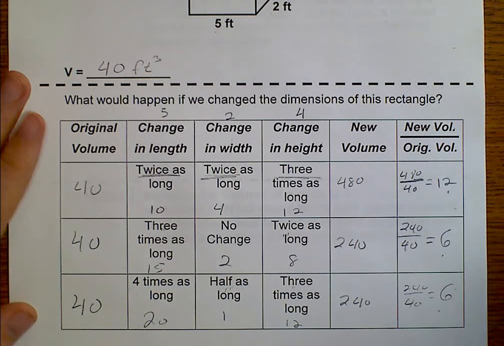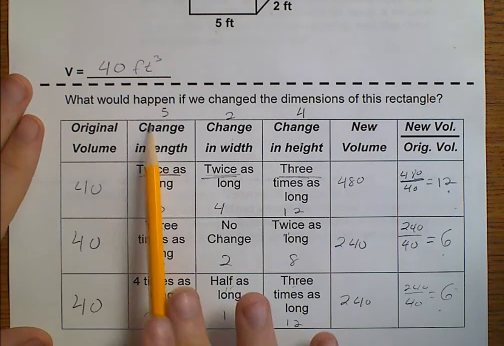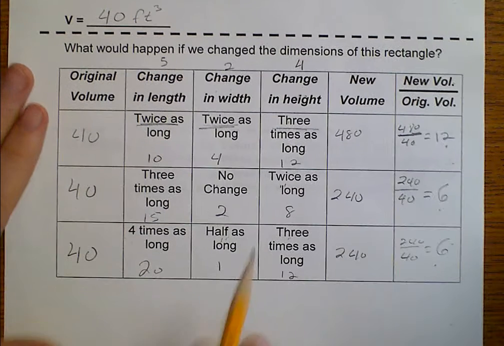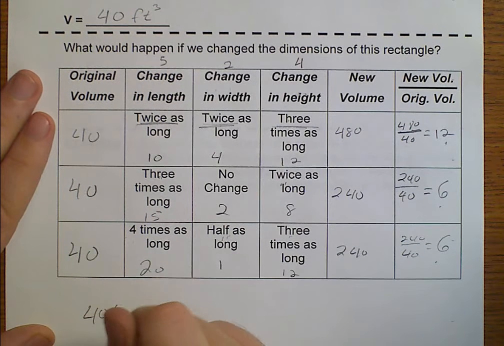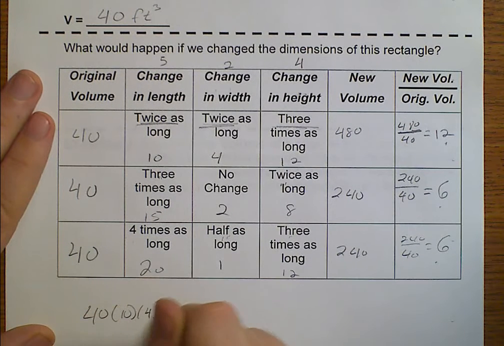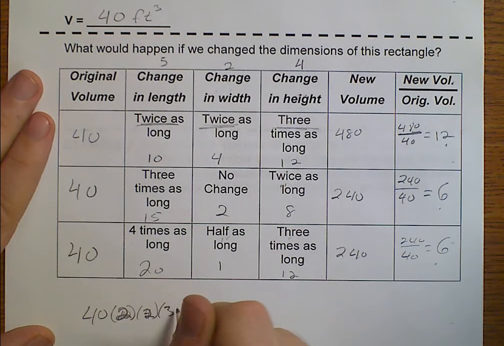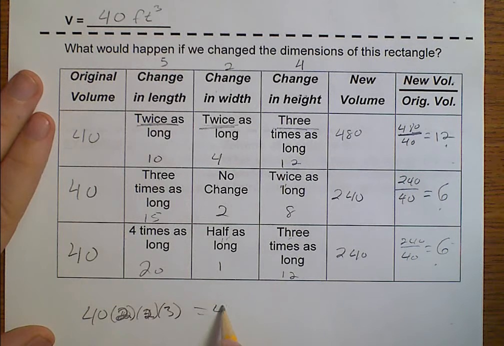So instead of going, let me change each dimension and figure out the new volume, I could have simply done, for the first one, 40 times 2 times 2 times 3 and gotten 480.